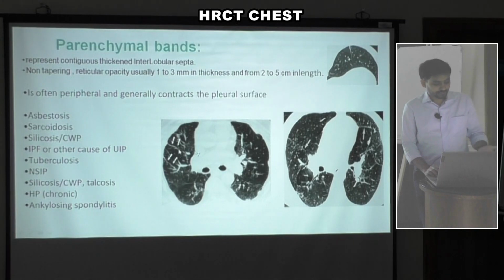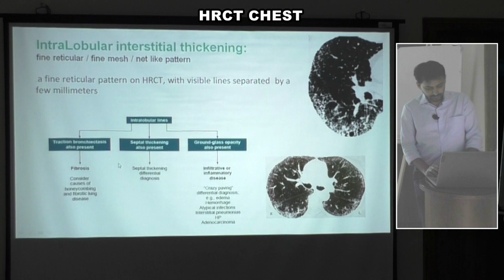In silicosis you see basal predominance, in asbestosis upper lobe predominance, and in idiopathic pulmonary fibrosis, an interstitial lung disease, again upper lobe predominance, and TB always apical segment predominance. NSIP, non-specific interstitial pneumonia, another kind of interstitial lung disease, also has basal predominance. So these basal parenchymal bands will come in these kinds of diseases.